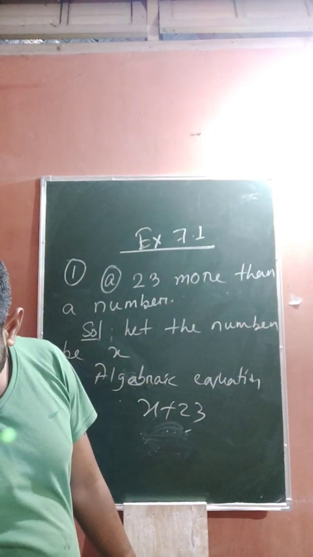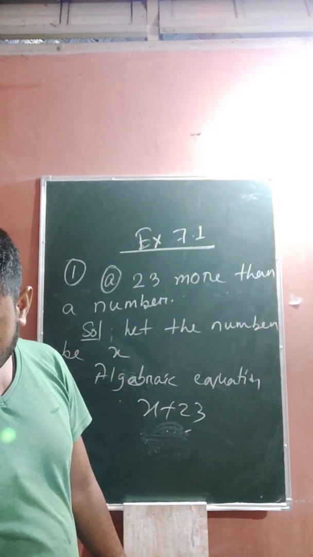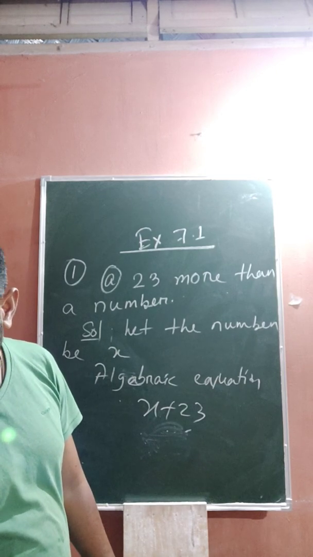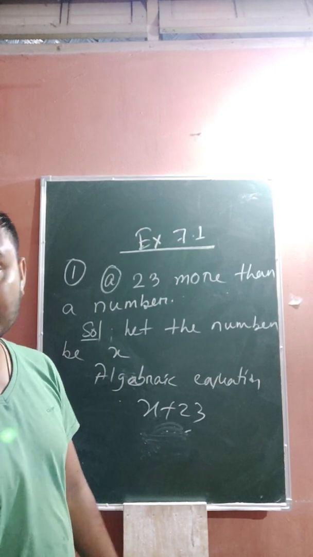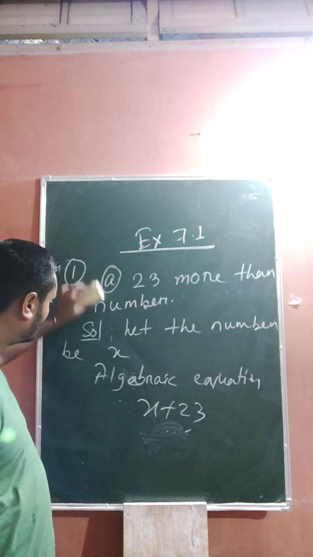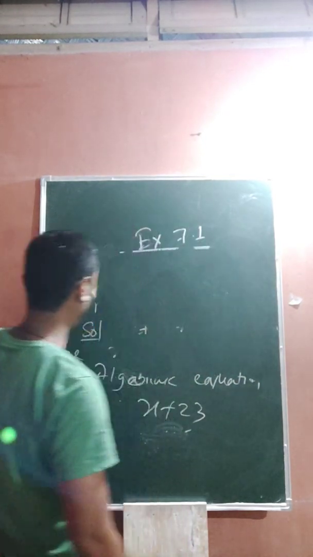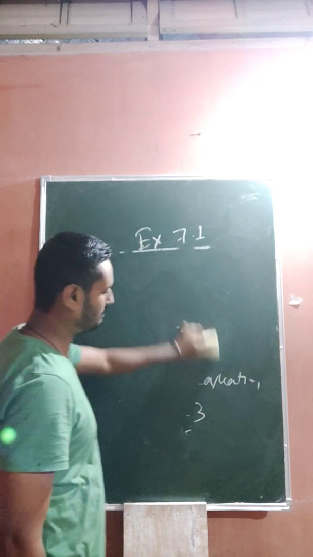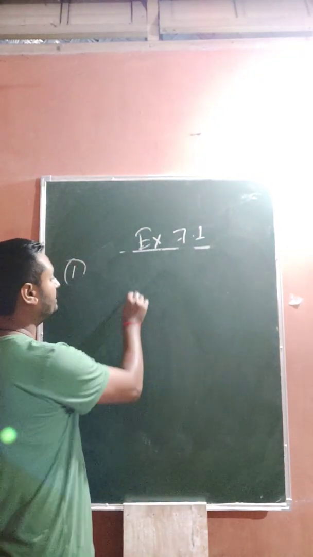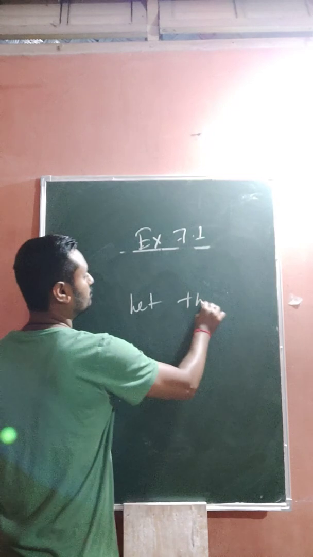Suppose, look at question number 8. 7 times a number is added to 4 times another number. 7 times a number, you have to add to 4 times another number. So that means there are two numbers.